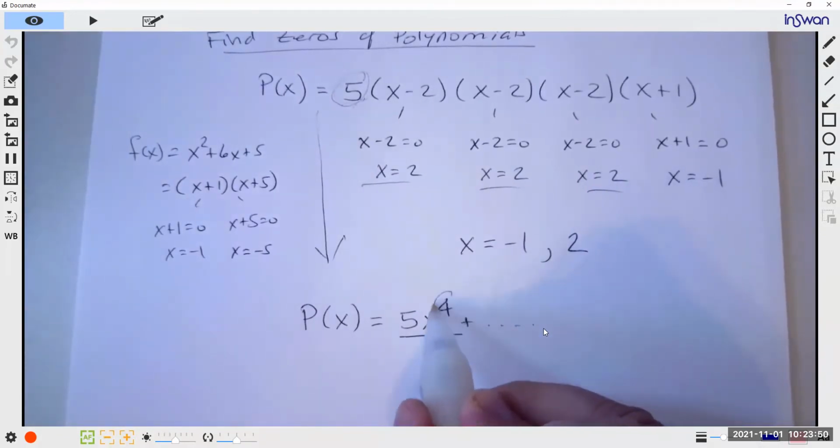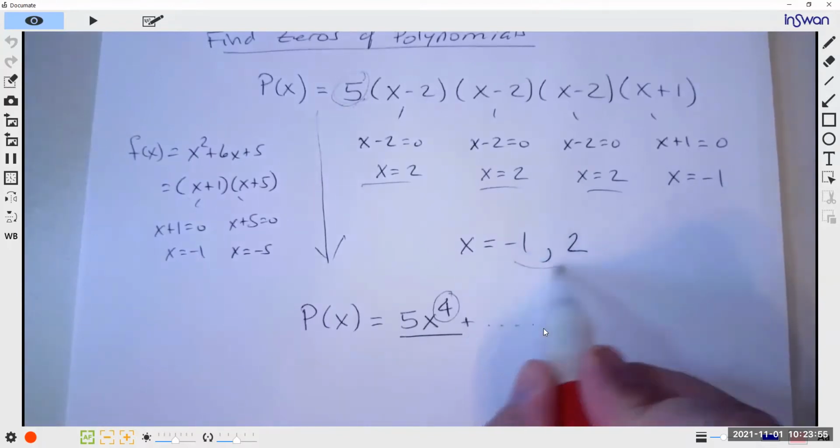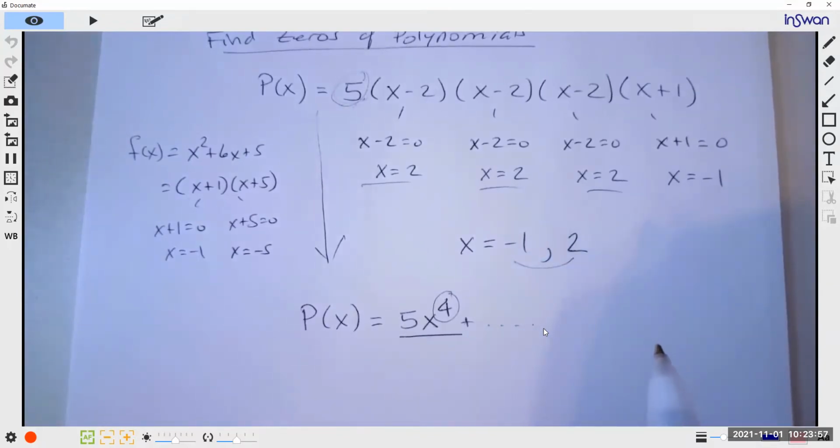So that means we can have at most 4 x-intercepts, but we ended up with 2.